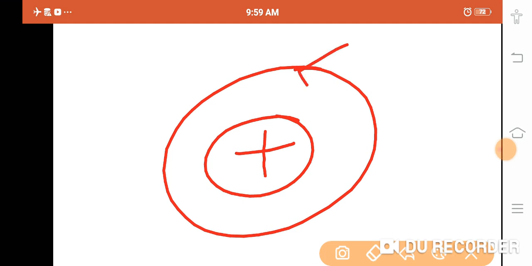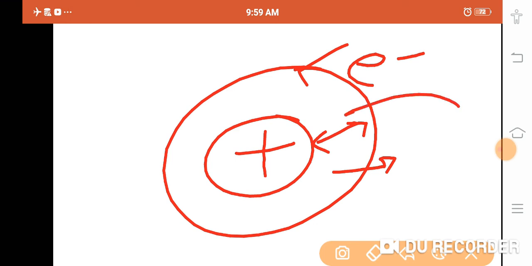Between the negatively charged electrons and the protons, we get a centrifugal force which acts outside, away from the nucleus. That is why the electrons do not fall on the nucleus. Understood, my dear?